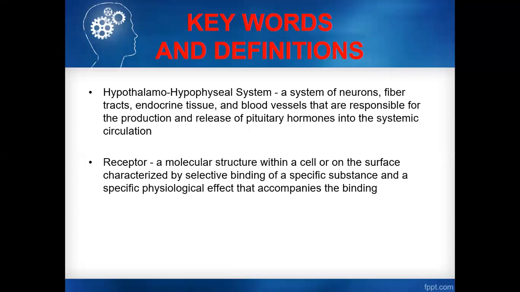It's comprised of a system of neurons, fiber tracts, endocrine tissue, and blood vessels that are responsible for the production and release of pituitary hormones into the systemic circulation. So bear in mind that this hypothalamo-hypophyseal system is comprised of so many things: neurons, fiber tracts, endocrine tissue, and blood vessels.